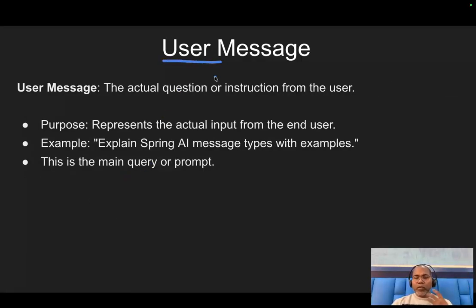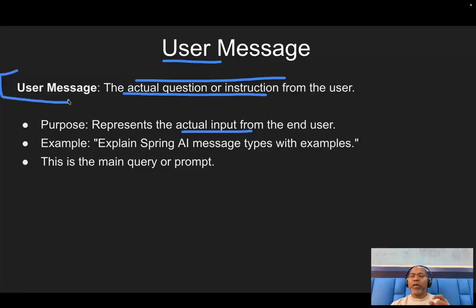The user message is really your message, the actual question or instruction for which you want an answer or response from the LLM. That is known as a user message. It represents the actual input from the end user: what kind of instruction, what questions you want the LLM to respond to. Those are considered user messages.